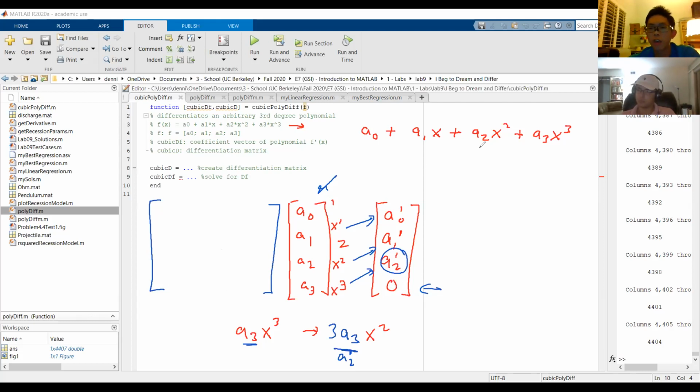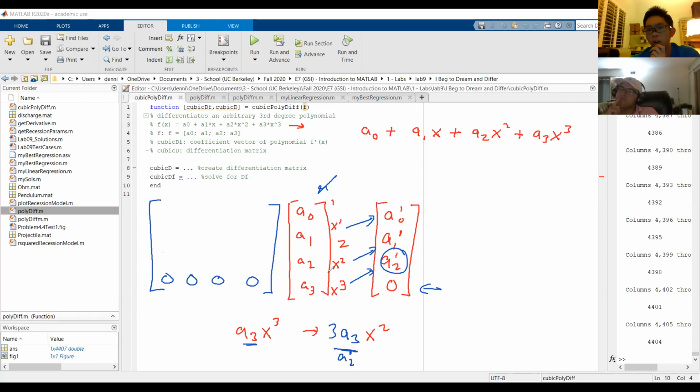That's like saying the x to the power of 3 term in our derivative is 0. So I'm going to take 0 of a0, 0 of a1, 0 of a2, and 0 of a3. And that's the final row. I'm going to take nothing of these, and that's my bottom element of that differentiation.